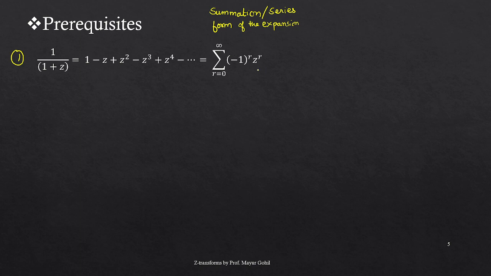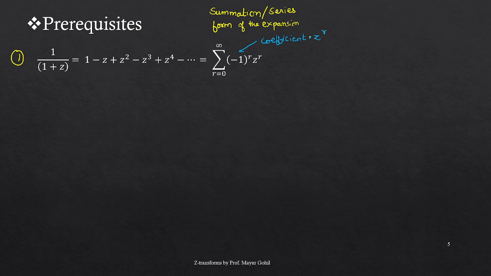And why are we interested in this? Because what interests us over here is the term that you see over here, the coefficient of z to the power r.